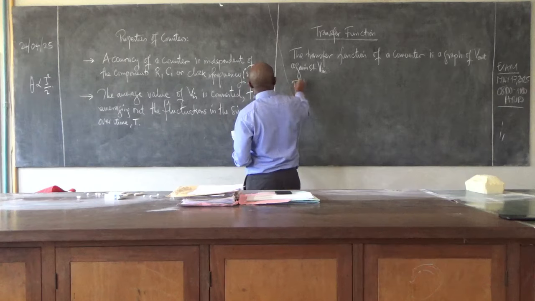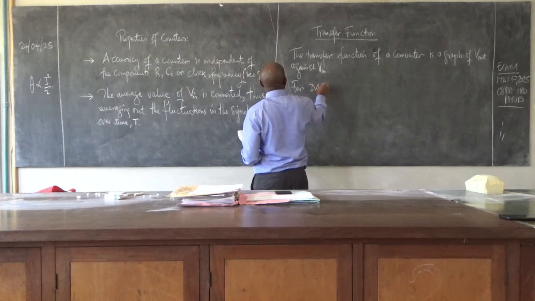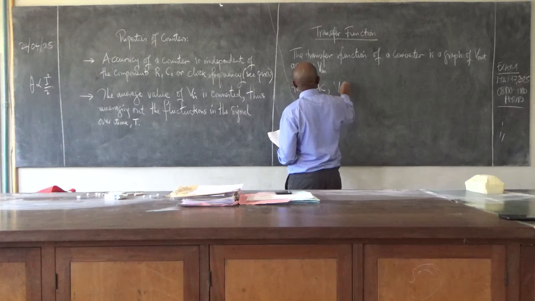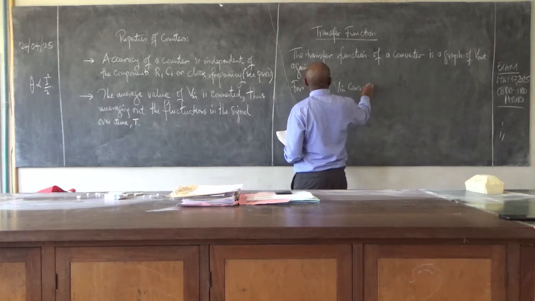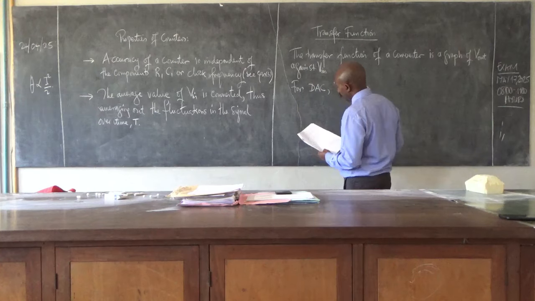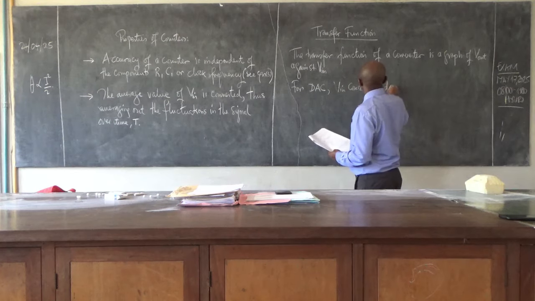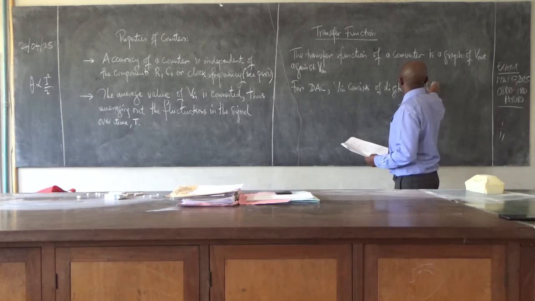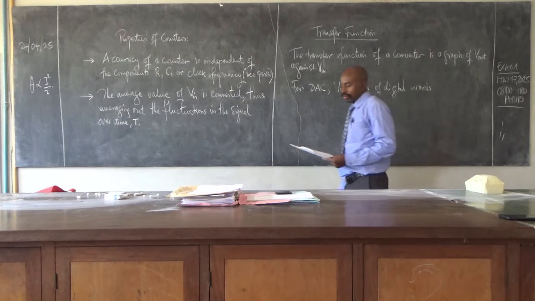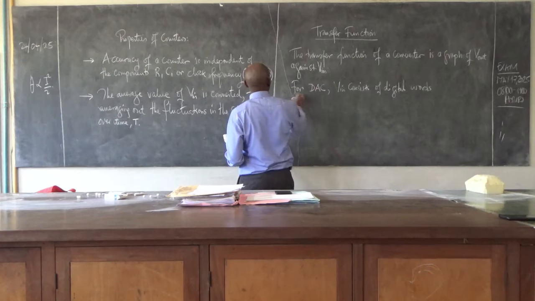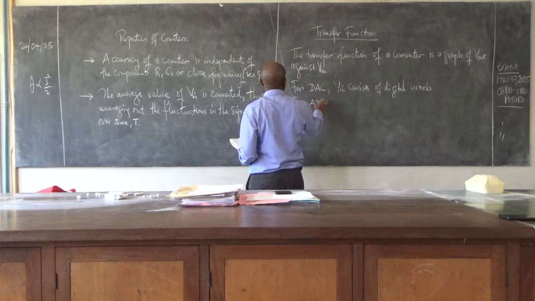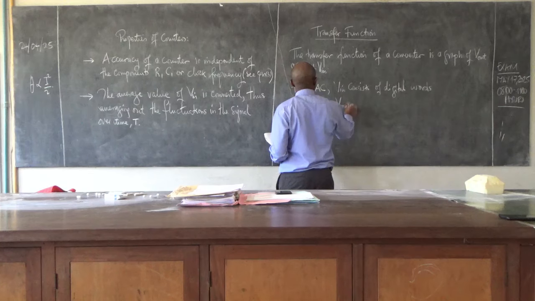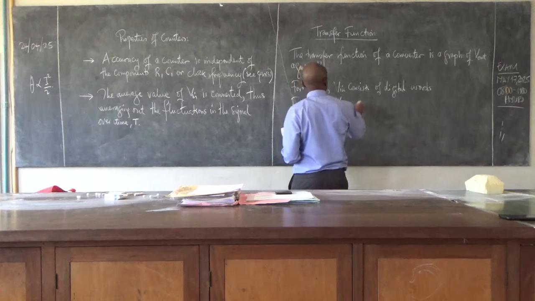For a digital to analog converter, Vin consists of digital words because we are converting from digital to analog. For an ADC, analog to digital converter, Vout is the one which consists of digital words.